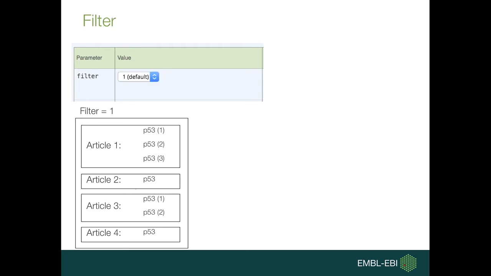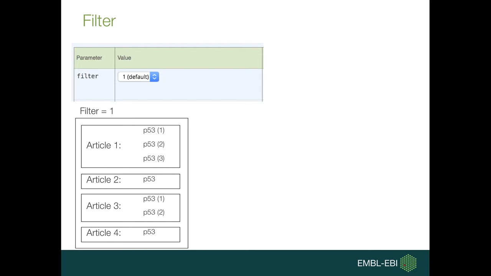Another important parameter is filter. Filter has only two values, 1 or 0. If the filter parameter is equal to 1, which is also its default state, for each article in your results, only the annotations that you have requested will be retrieved.